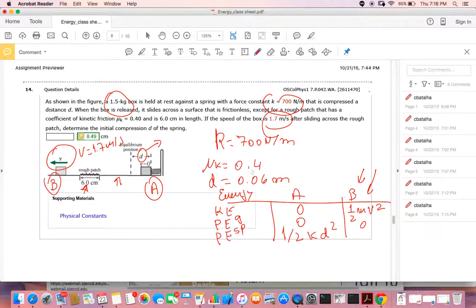But at point B, once the block reaches this part of the exercise, the spring should be entirely relaxed, right? So the spring is free. So you don't have energy in the spring.